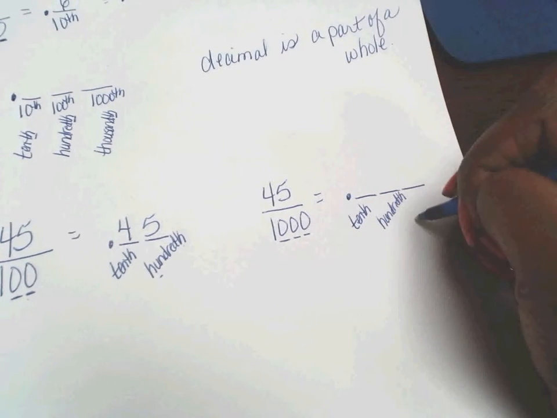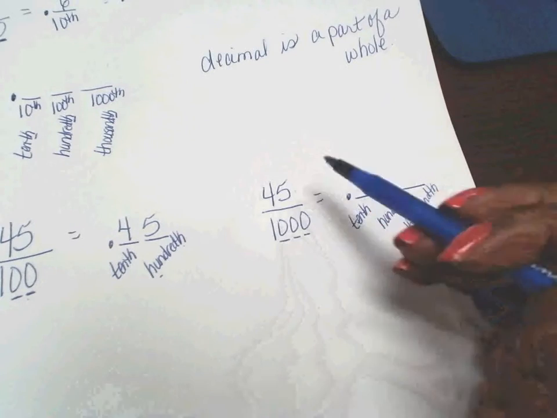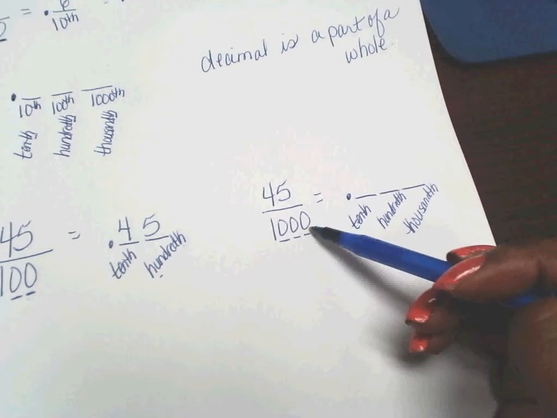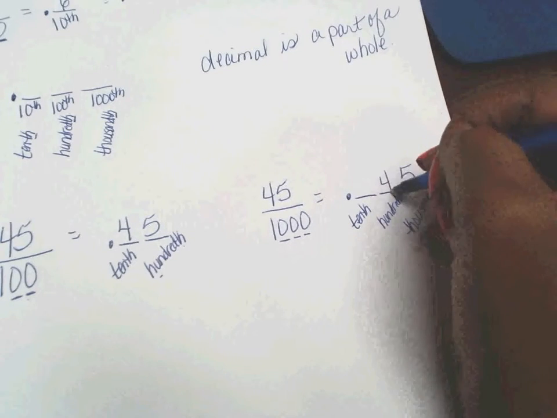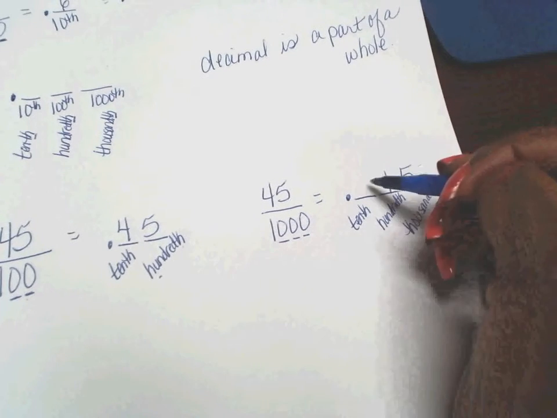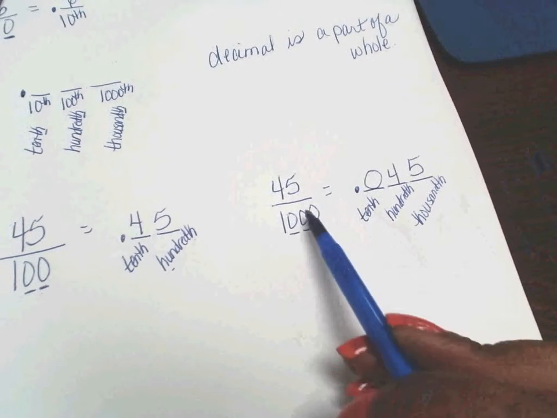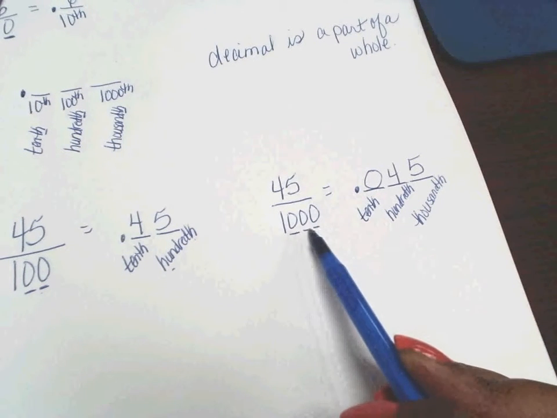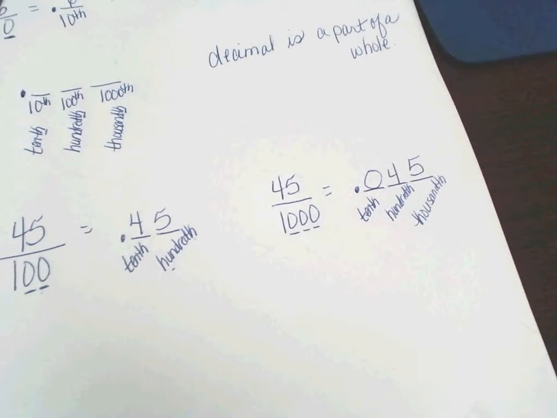And again, I don't care if you use the words or the numbers with the TH at the end. And this is 45, last name thousandth. So you need to end in the thousandth place, which means you'll need a place value of a 0 here. Okay? And as long as you end in the last name, so end in whatever the fraction is, then you should be okay. All right?